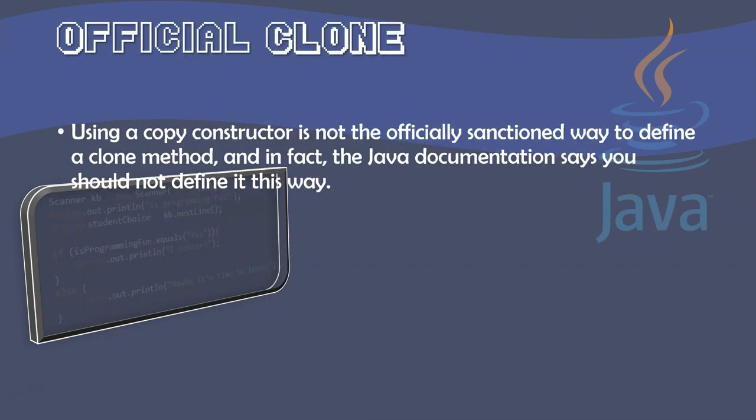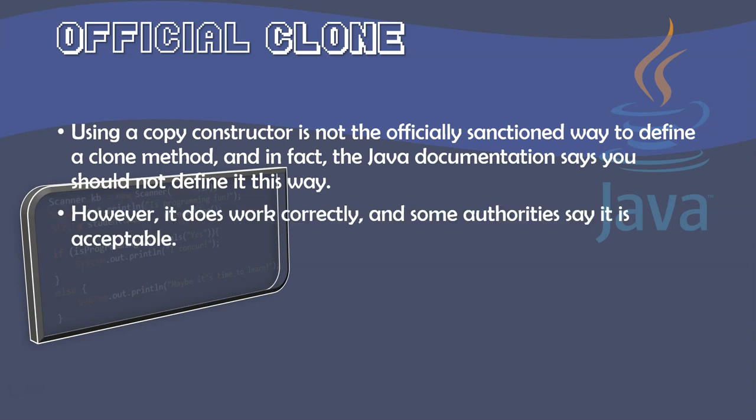So when we look at the clone method, using a copy constructor is not the official way to define it. In fact, Java explicitly says you shouldn't do it this way. But because we're still on a rudimentary exploratory level and we haven't really deep dived into it yet, and we'll look at that later, this is just a way for us to get used to looking at it, start getting that idea in our head of how we can use this, especially since we're looking at how polymorphism really plays into this.